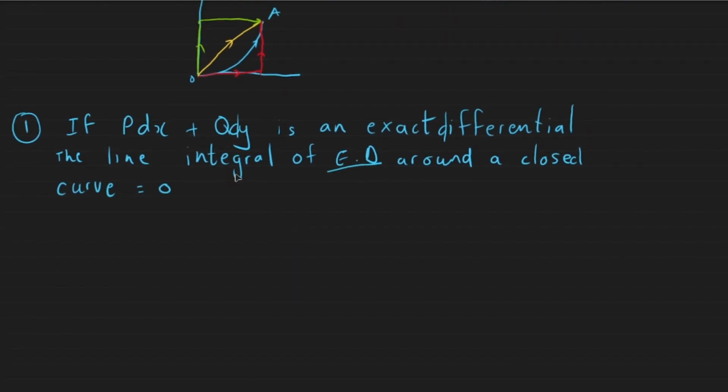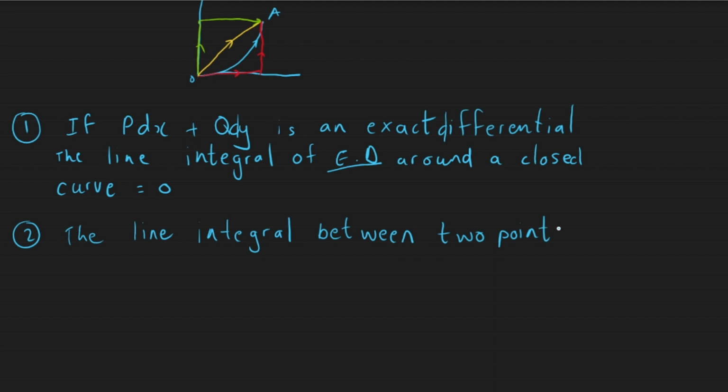So the second important point is that if this first point is true, then it means that the line integral between 2 points does not depend on the path of integration.